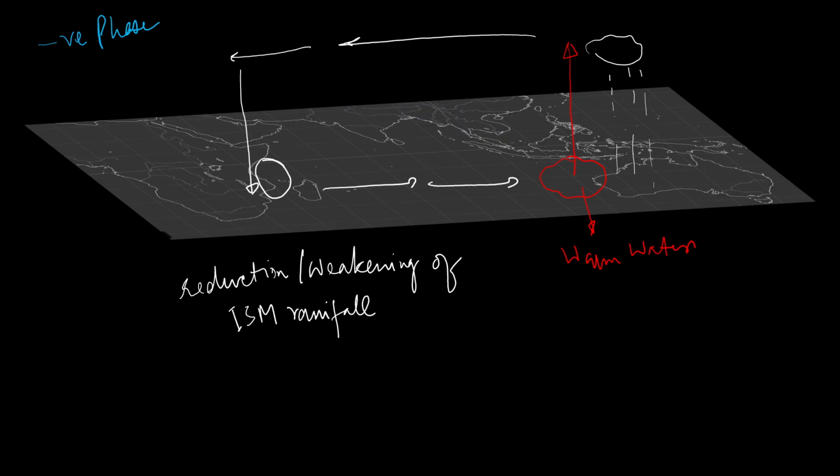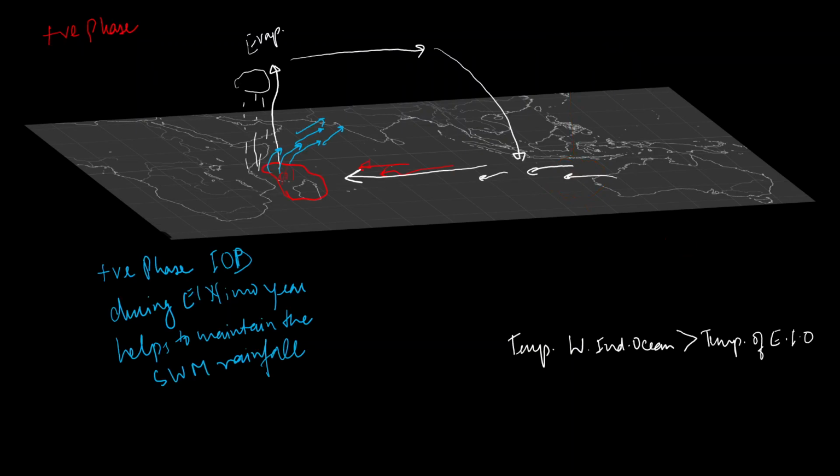So the negative phase reduces the strength of the Indian monsoon winds and the rainfall, while the positive phase is good for the Indian monsoon and it enhances the rainfall. So these are a few factors which control the Indian monsoon, and we may say that these are some of the friends or buddies of the Indian summer monsoon.